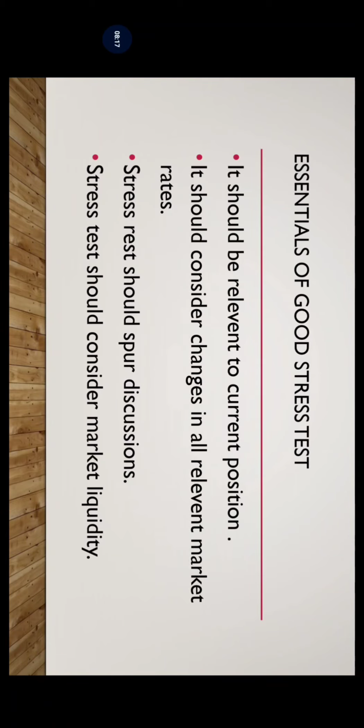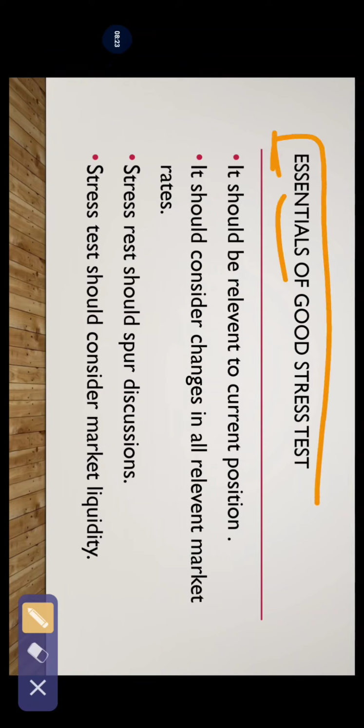Next is, what are the essential characteristics of a good stress test? For testing your securities during a financial crisis, what are the things to keep in mind?